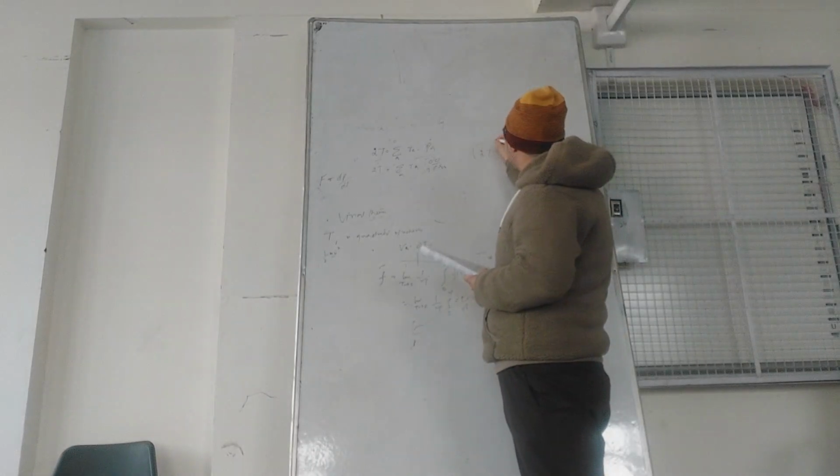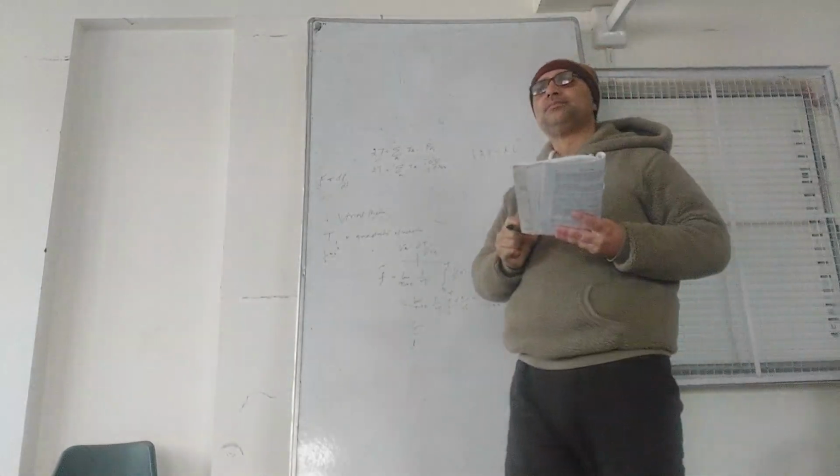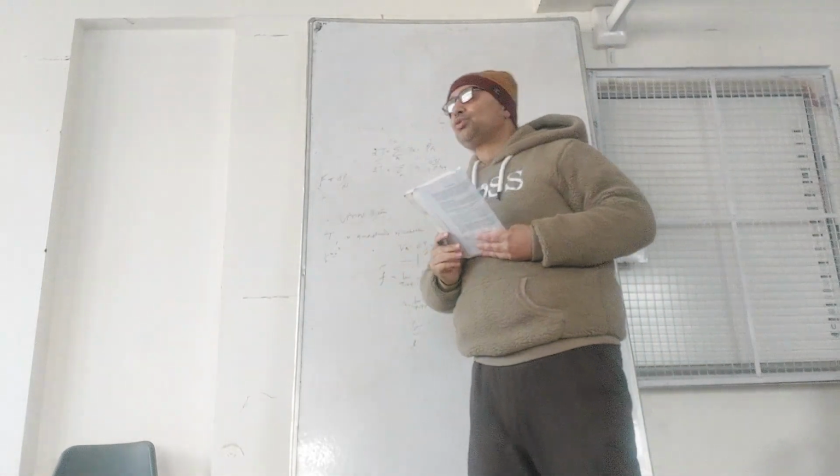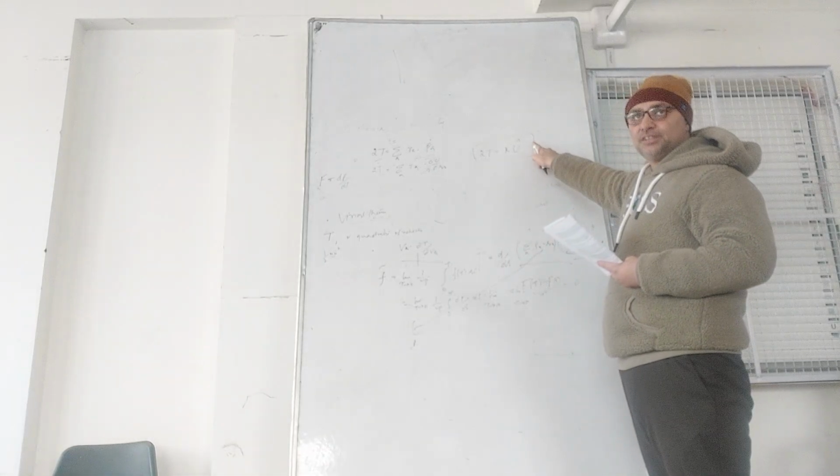So you see, this is the Lagrangian form for a closed system, the form of the energy that we get. It will take this form.